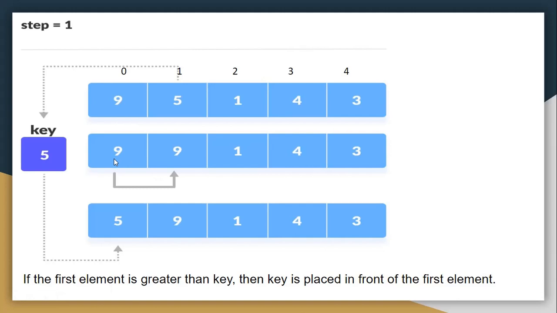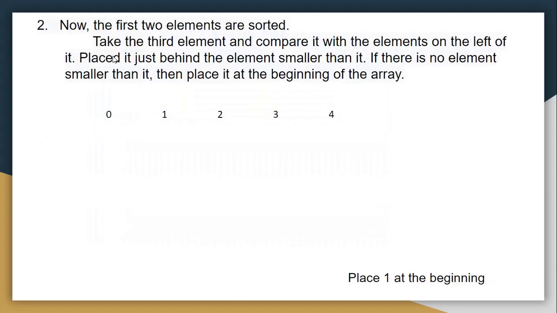So the first element is greater than the key, so swap the elements and place 5 at index 0 and key, 9, at index 1. Now the first two elements are sorted.